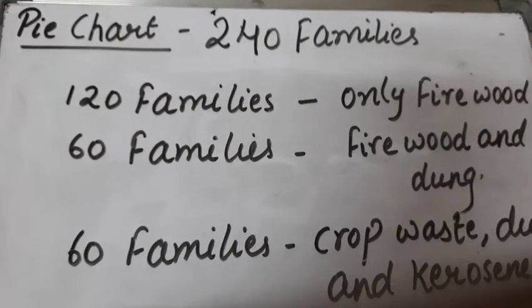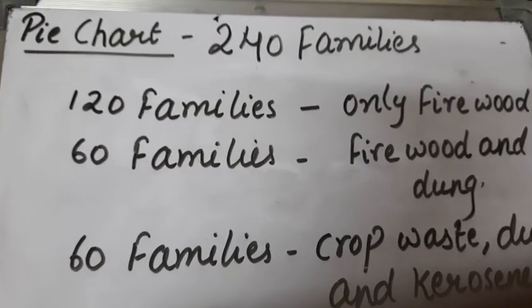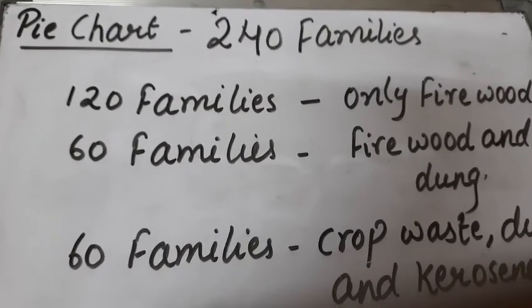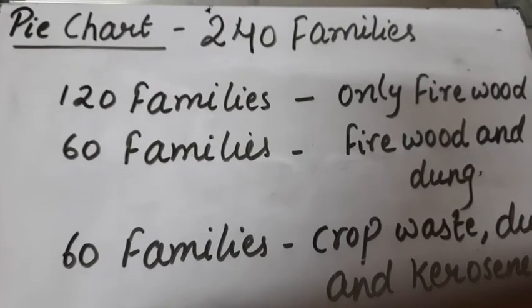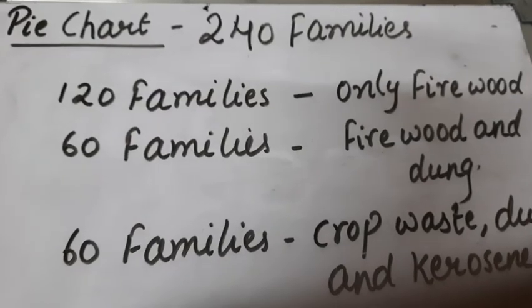There is an organization working for the protection of forest, and there are 240 families living around a forest, and the organization is collecting data on what they are using for cooking and heating.